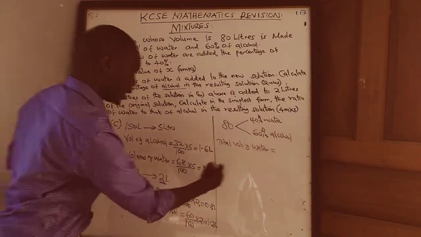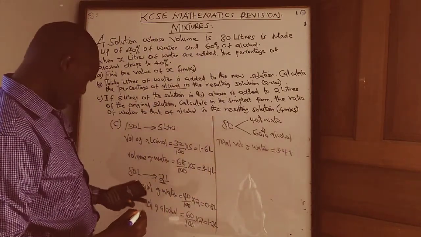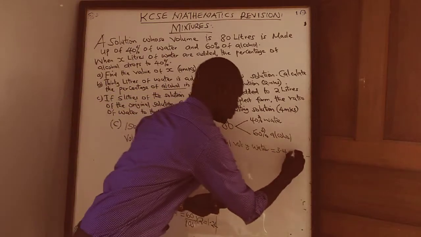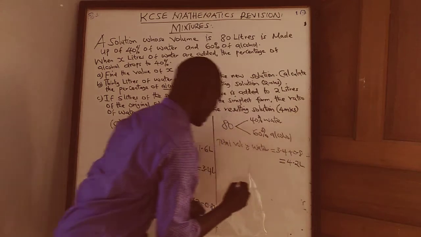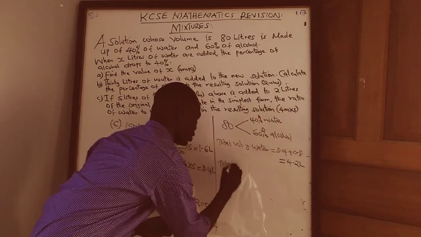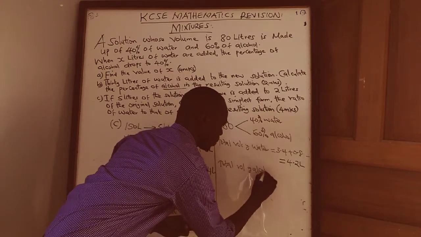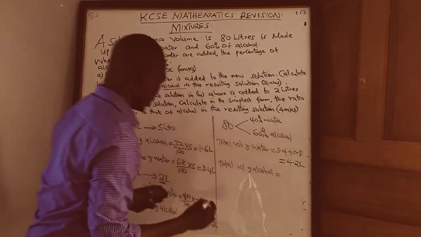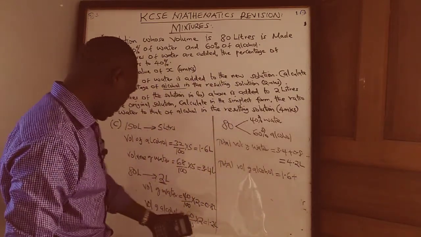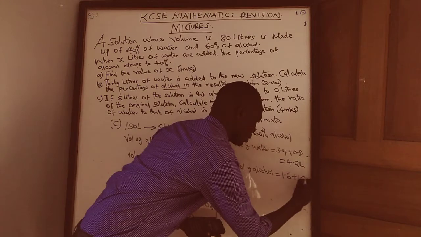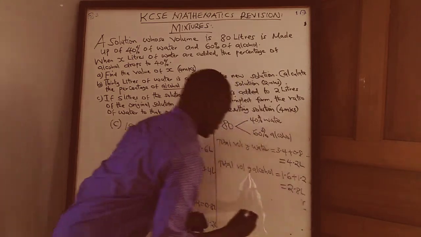The volume of water is 3.4 plus the volume of water in 2 liters, which is 0.8, and this gives us 4.2 liters. The total volume of alcohol is 1.6 plus 1.2, and this gives us 2.8 liters.